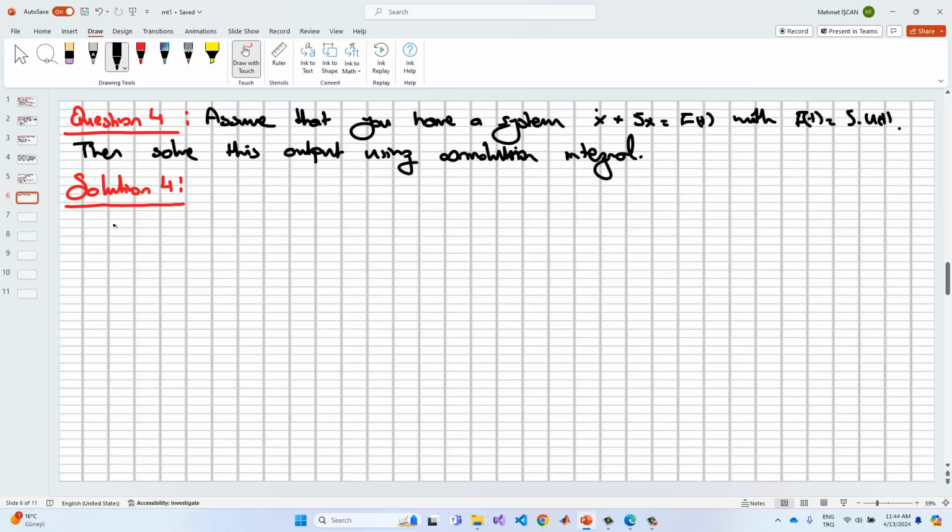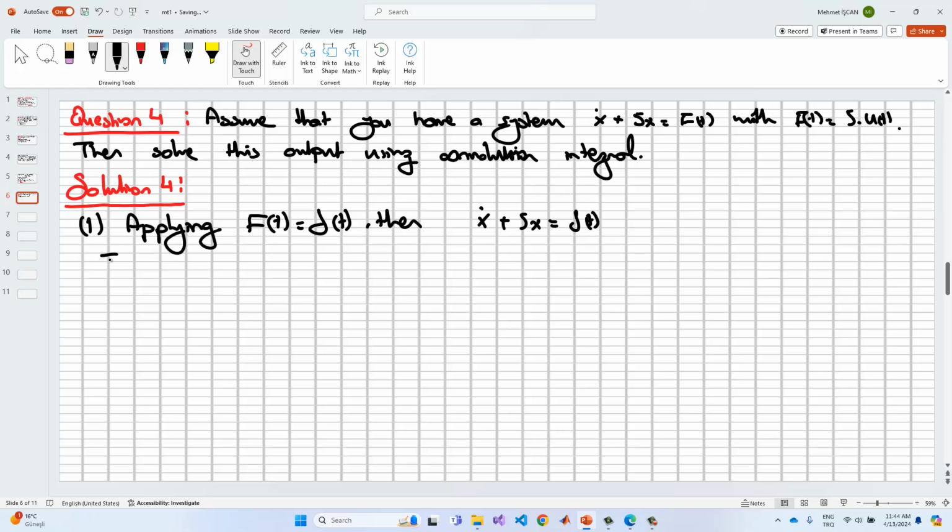Just like the previous example, we need to build a step-by-step solution in here. Okay, in order to find the impulse response of this system, we need to apply ft equal to the Dirac function in here. Then x dot plus 5x is equal to the Dirac function.